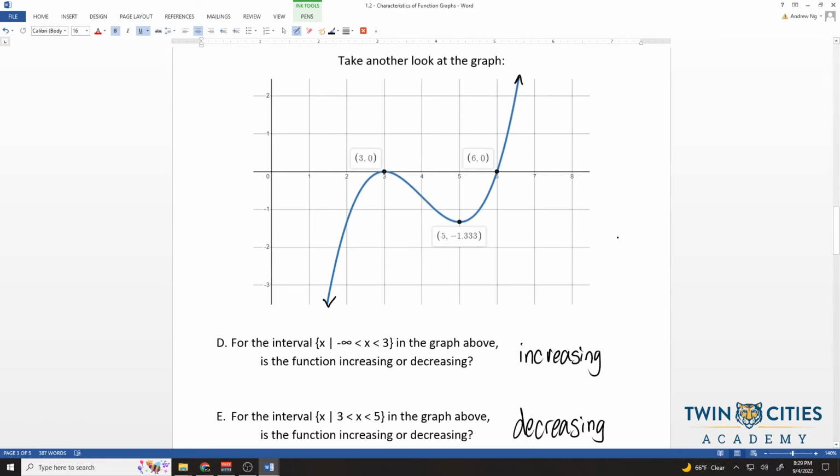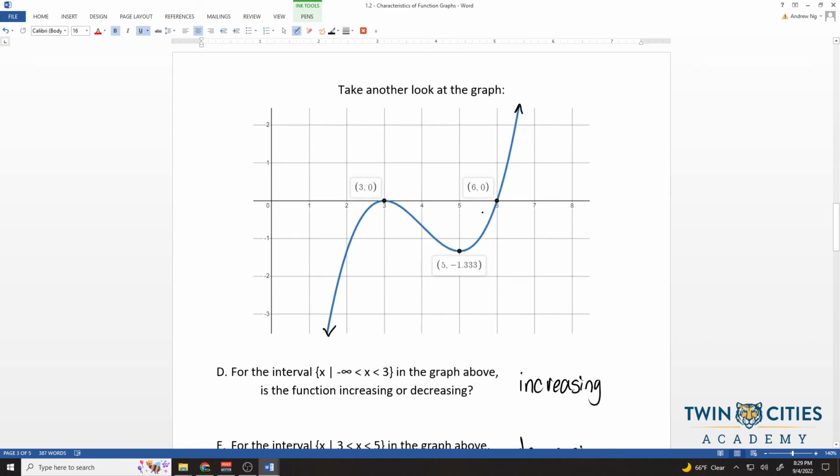So what does this mean? When I'm asking about positive or negative is simply, is it below the x-axis or is it above the x-axis? If it's below, the values are negative. If it's above, the values are positive. But increasing and decreasing have nothing to do with where the points actually are located and whether or not they're above or below that x-axis.